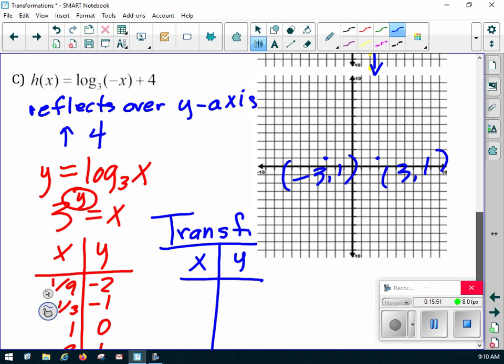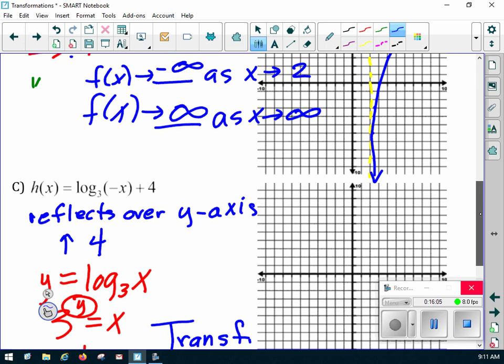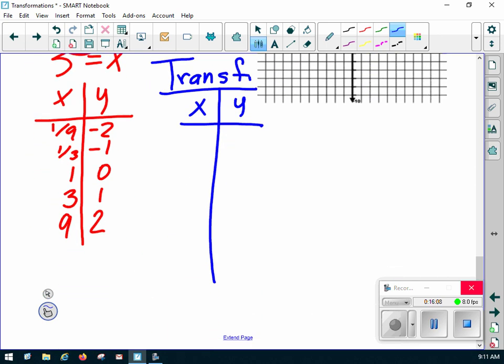The sign of the x value. Look here. Up 4, what's up 4 do? Add 4 to y. So we're going to switch the sign of the x. And what are we doing to the y's? Add 4. Negative 2 plus 4? Good, go.